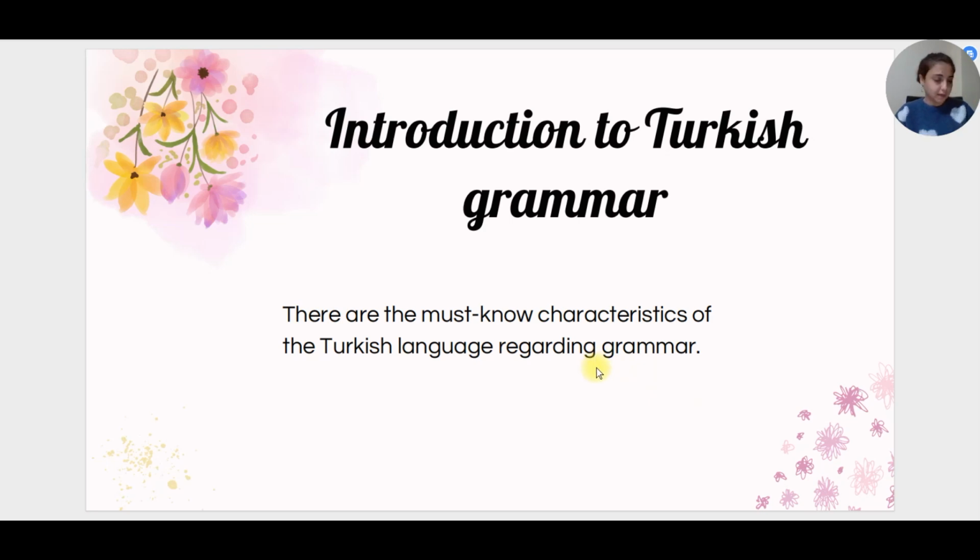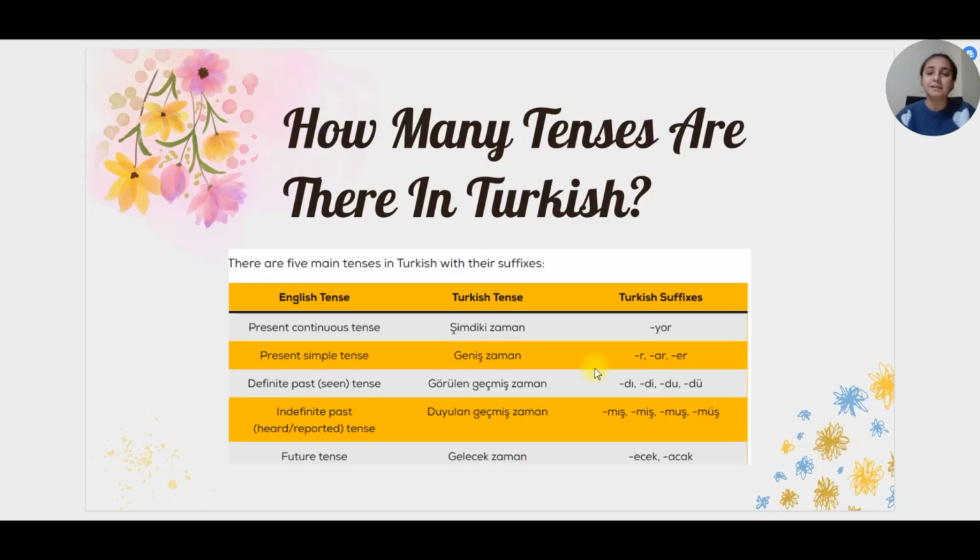Okay. How many tenses are there in Turkish? You will see here some basic tenses in A1, A2, and a little bit from B1, but not so much.